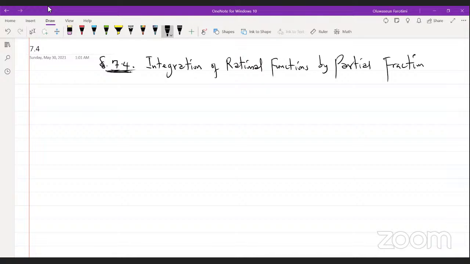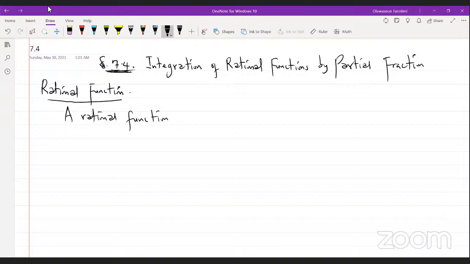Okay, so the first thing I'd like to remind you guys is, what is a rational function? It's safe to start by defining this. A rational function is a type of function, given by P of x over Q of x.